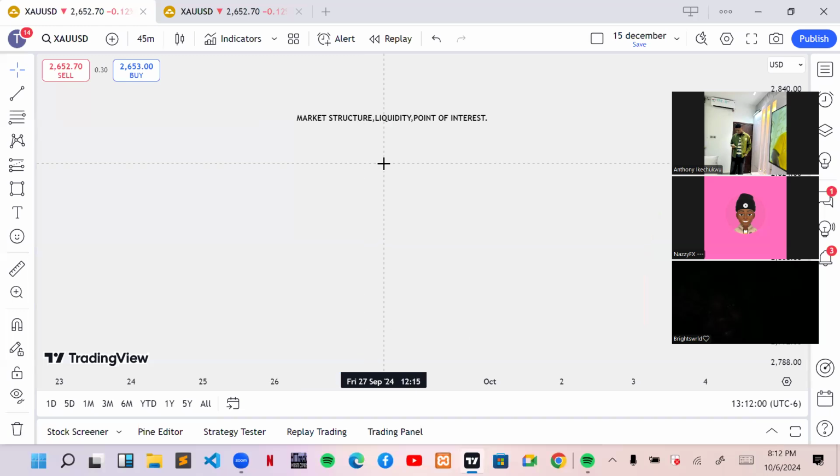This is my trading strategy. So I will take the market structure first, then liquidity, then point of interest. So what is market structure?